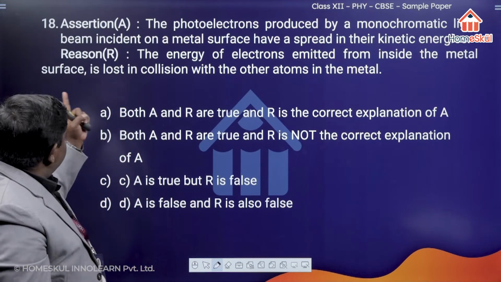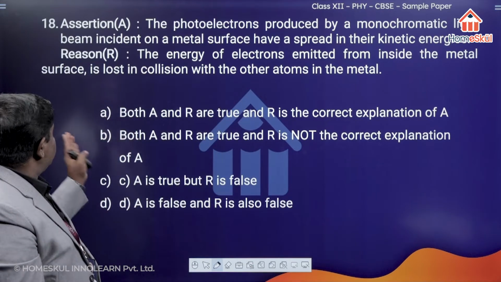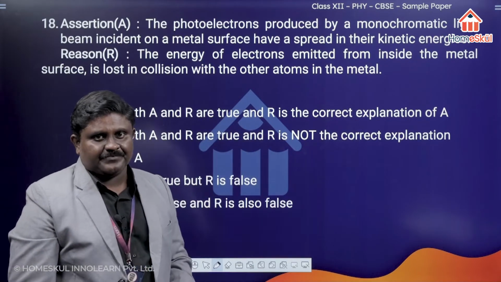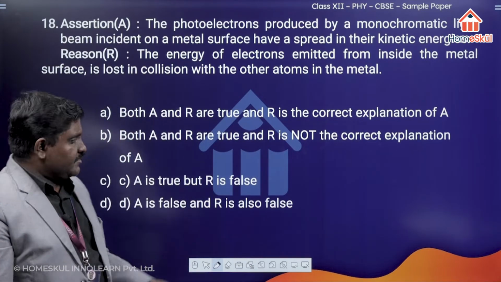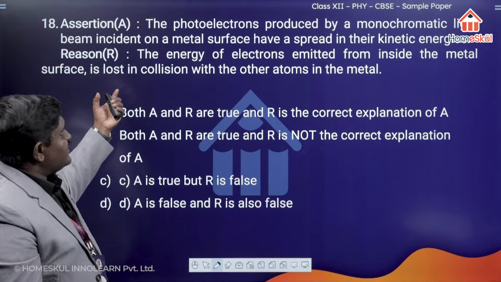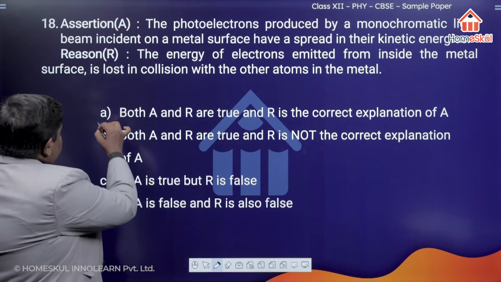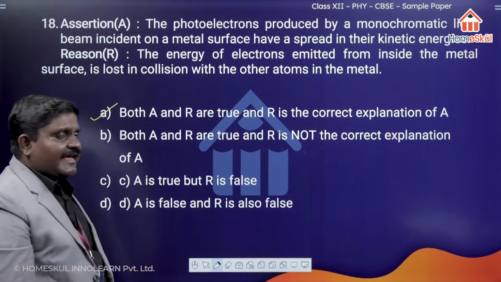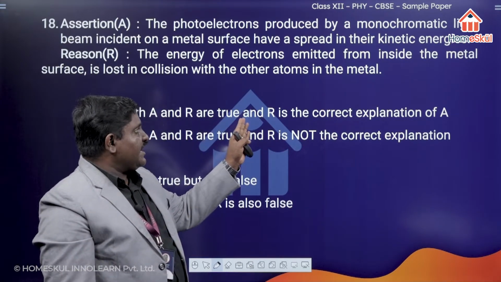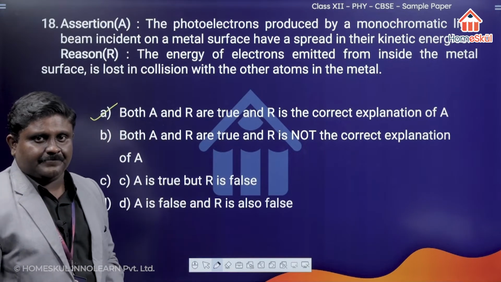Then reason: the energy of electrons emitted from inside the metal surface is lost in collision with other atoms in the metal. That's correct. So the given reason is the correct explanation of the assertion. So we have to take option A as the correct one, that is, both A and R are true and R is the correct explanation of A. Clear? Okay.